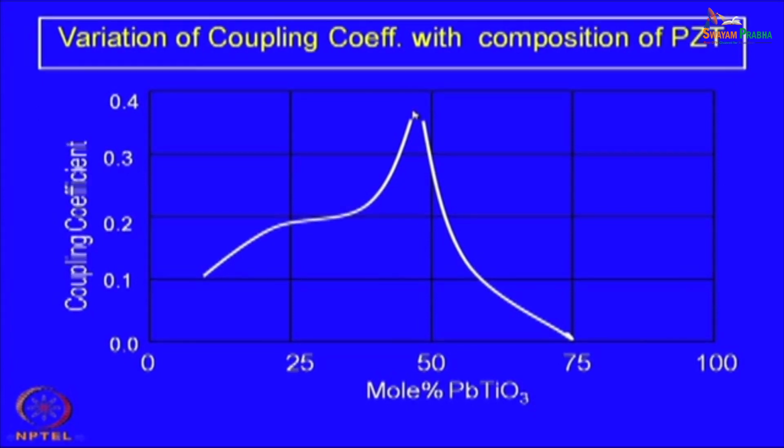So, that is their importance, because the coupling coefficient increases at the boundary composition, not in either the rhombohedral or tetragonal phase. So, it is at the boundary that we get the maximum coupling coefficient.